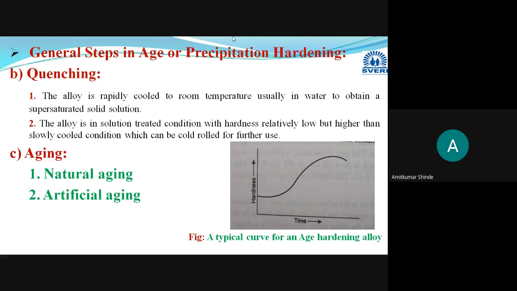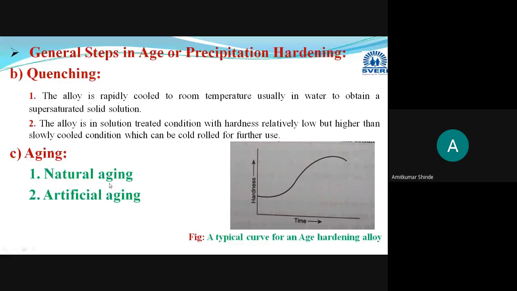Now the first and second steps which we have performed will be termed as artificial aging. Means artificial hardening may be done by using these three steps: heating, quenching, and the last step will be aging.